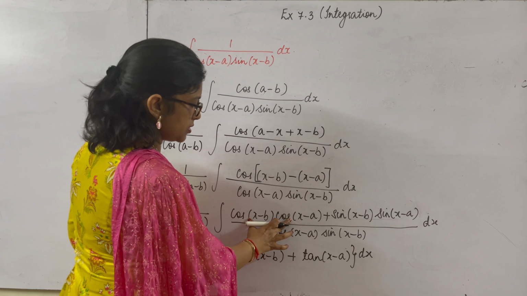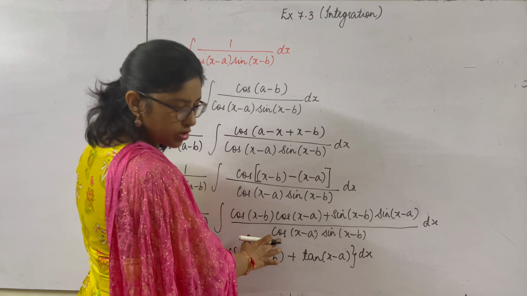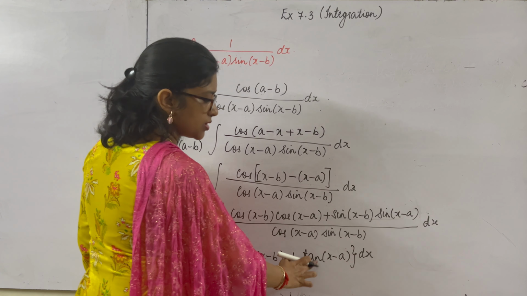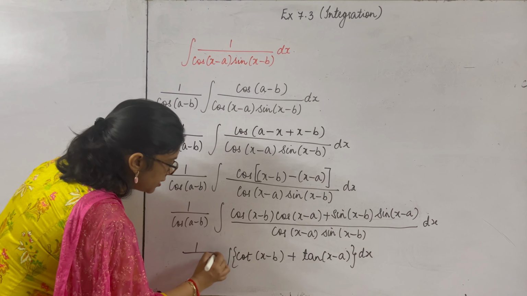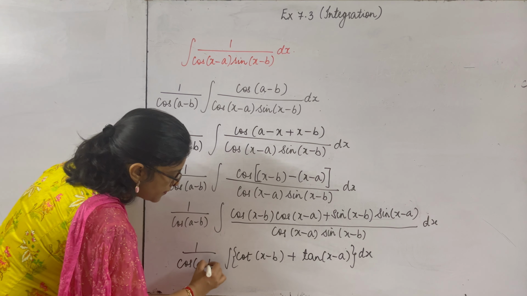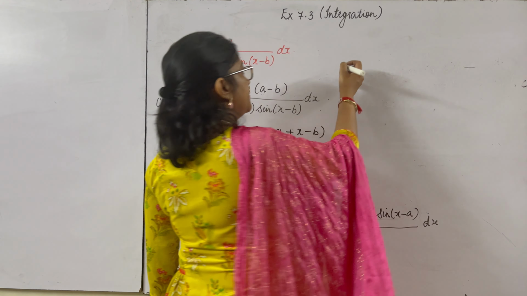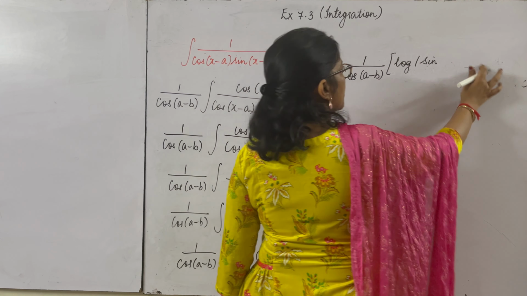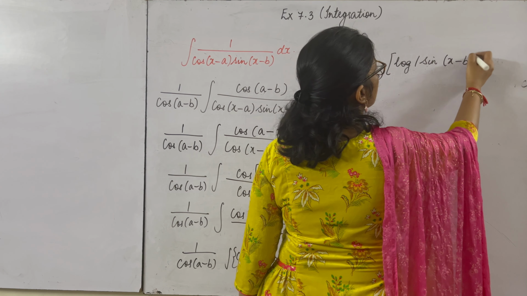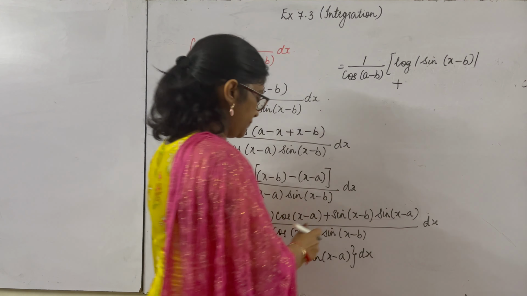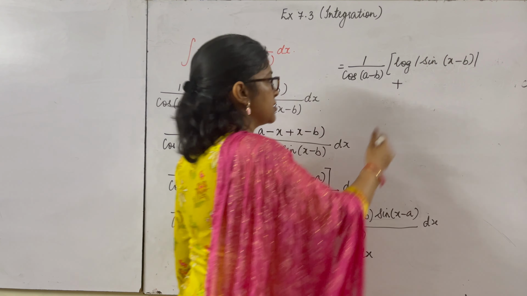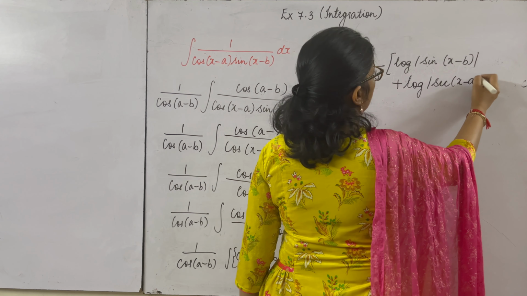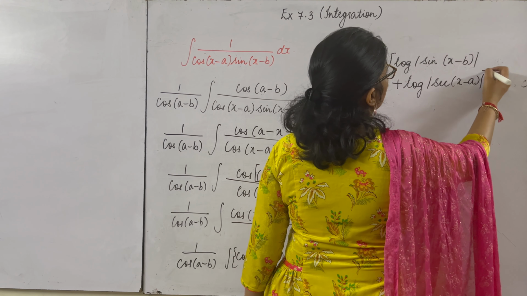The first term, one of these cos got cancelled, so cos by sine is cot, and over here one sine got cancelled, sine by cos is tan. Now integrate that. Integration of cot is log modulus sine, and differentiating x minus b in the denominator, but that is again 1, and integration of tan is log modulus sec, and plus c.